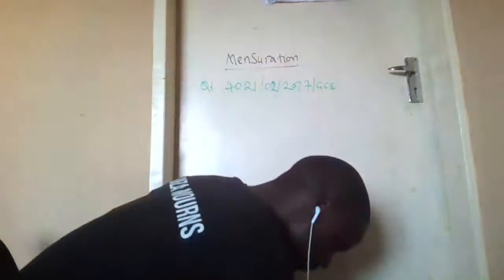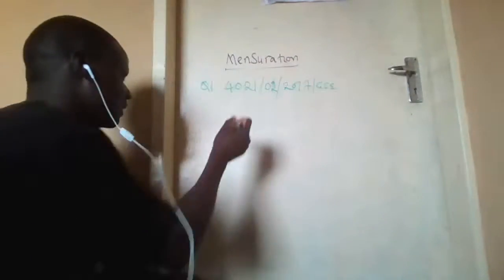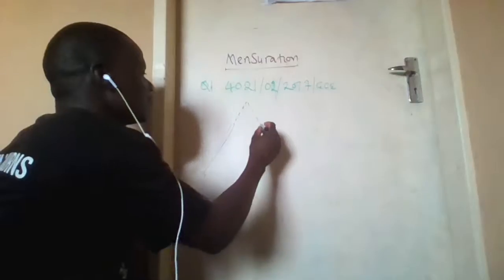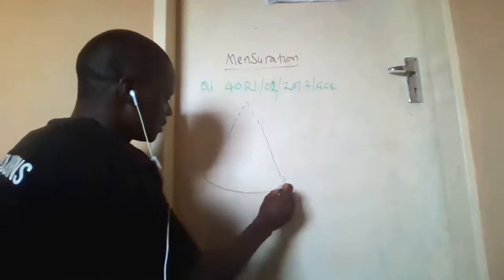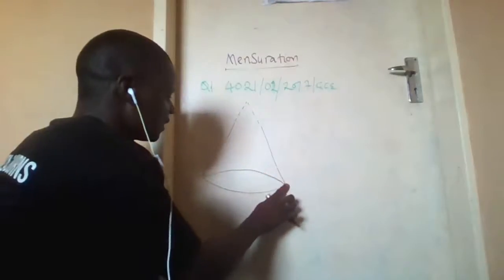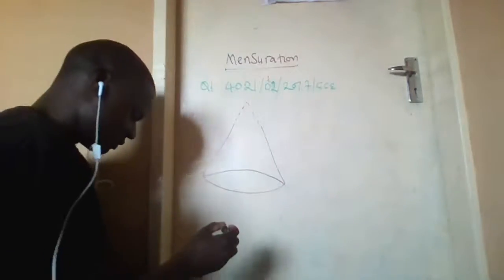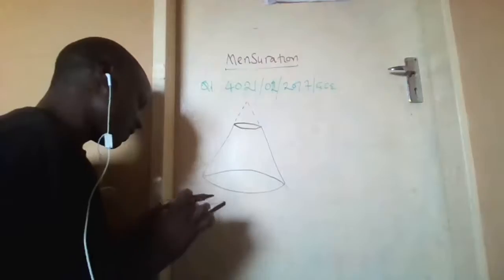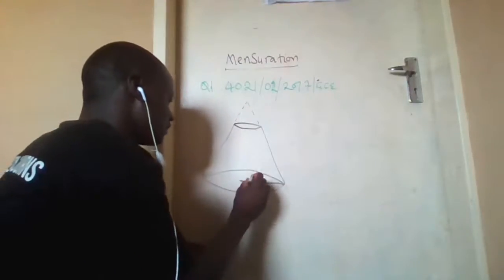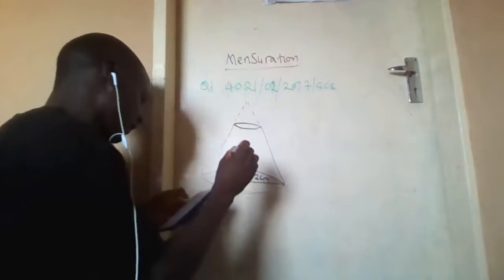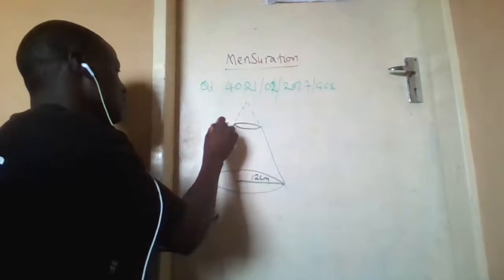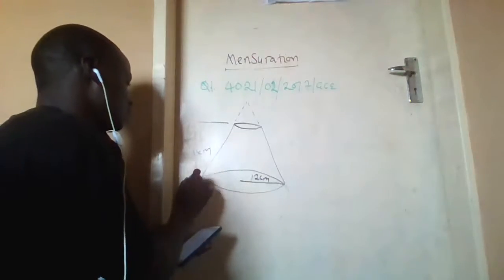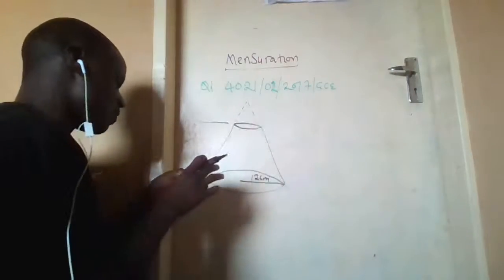Now, the way the question came was like this. There was a cone. You can look up the question in that indicated past paper. Then we have the top circle like that. The radius down here was 12 centimeter, and the distance from here up to here is 15 centimeter.